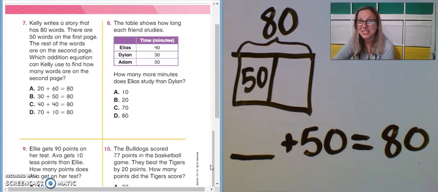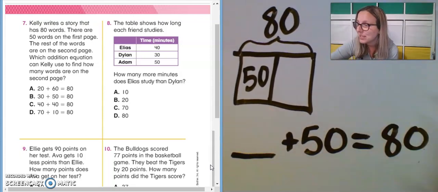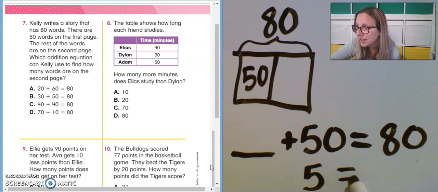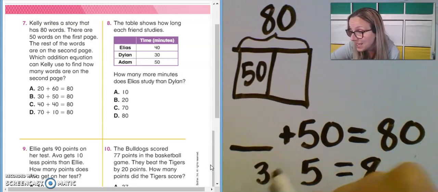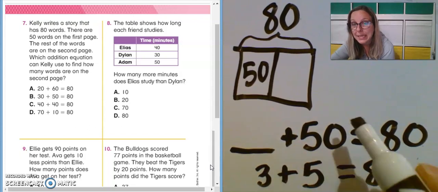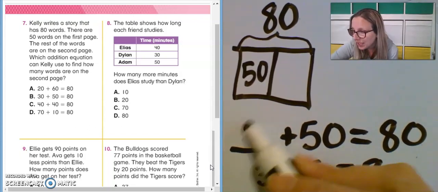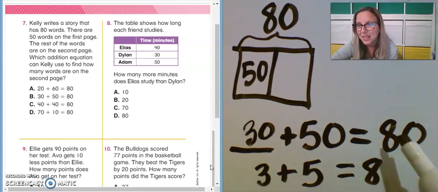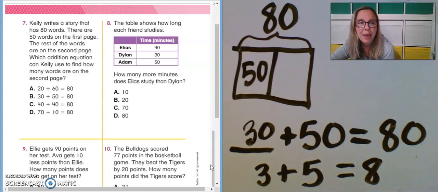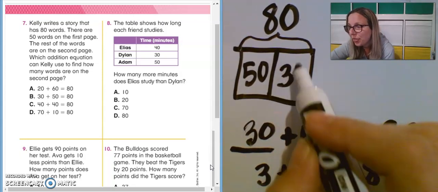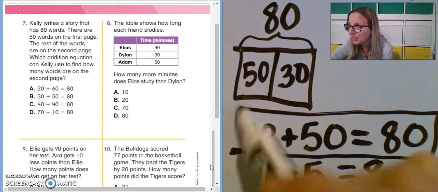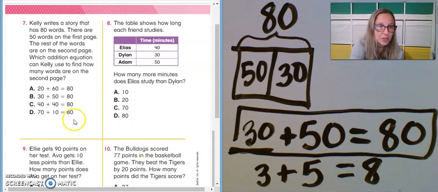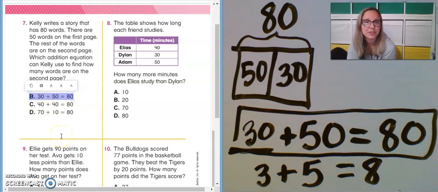And if I think about this in terms of just single numbers, forget that they're tens, and I say what number plus 5 would give me 8, well, I know that 3 plus 5 is 8. So now if I convert those back into tens, 30 plus 50 equals 80. So how many words were on this page? 30. Which addition sentence helped me solve that? Right here, 30 plus 50 equals 80. So we look over here and we find B says 30 plus 50 equals 80. Go ahead and give that one a circle.